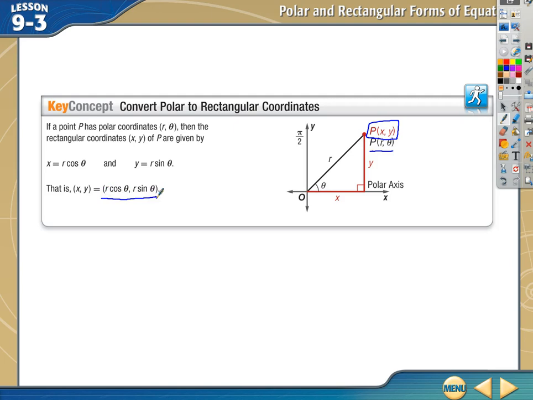It's the same as a polar coordinate, because your r is like your magnitude and your theta is your angle. So if you just do r cosine theta comma r sine theta, you've got it. Let's take a look at some examples that are pretty straightforward.